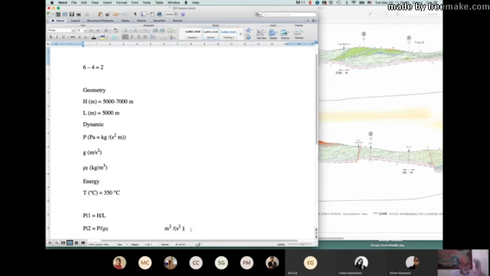So to be able to cancel this, I need to divide, for instance, by g, by the gravity.